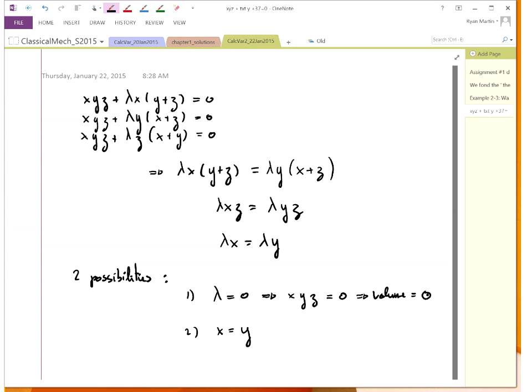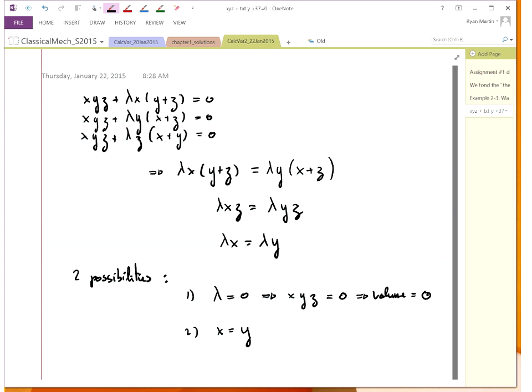But that makes sense, right? Because all we've done so far is to use the condition for finding a stationary point of our function capital F, and the minimum is a stationary point. So we've in fact found one of the stationary points, just not the one we care about. But that's okay.